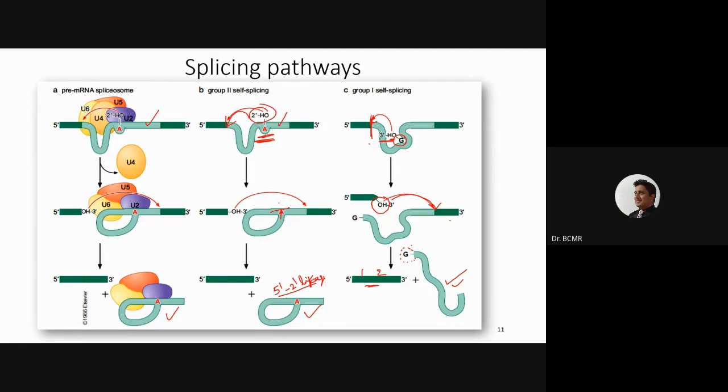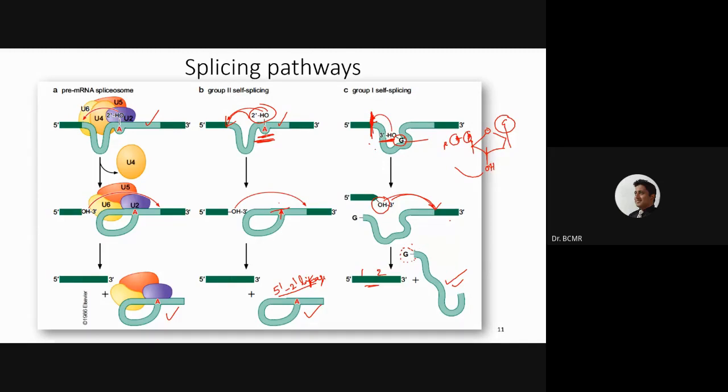Think of what is happening here. You have a 3' OH. First question is, is that G a nucleotide or nucleoside? Always the phosphates are on the 5' side. And assume this is the G. So this is the 3' OH. That 3' OH is making an attack on the 5' splice site.